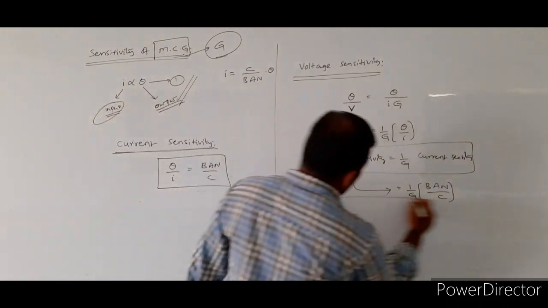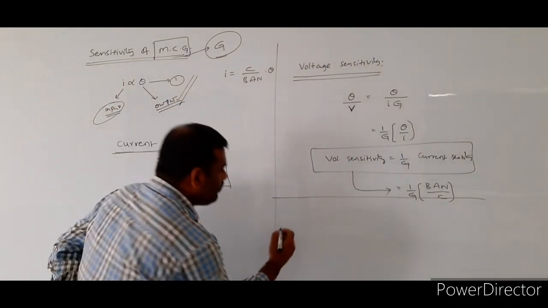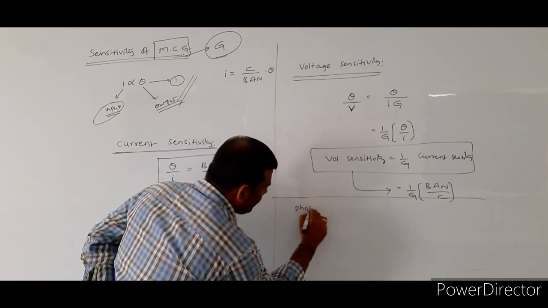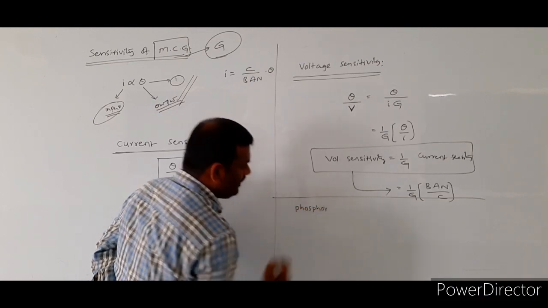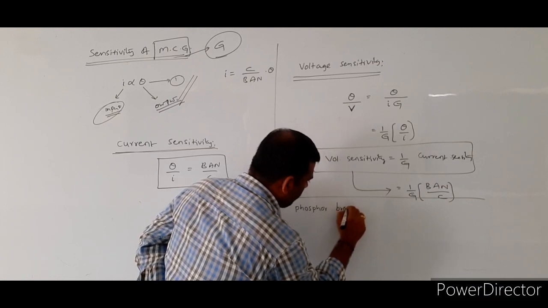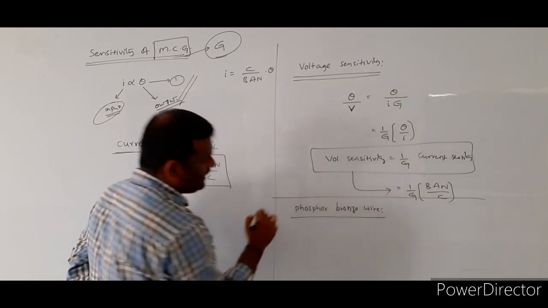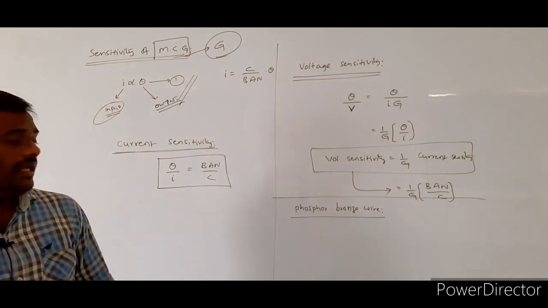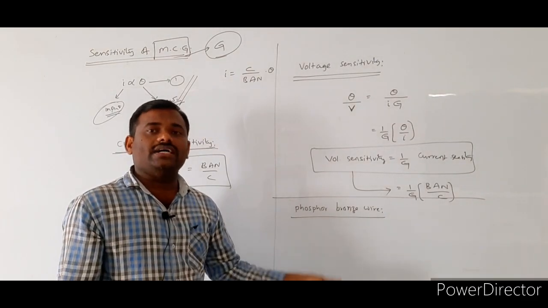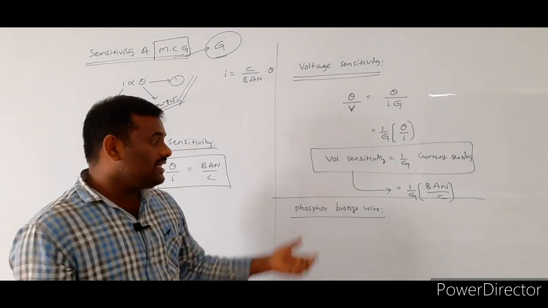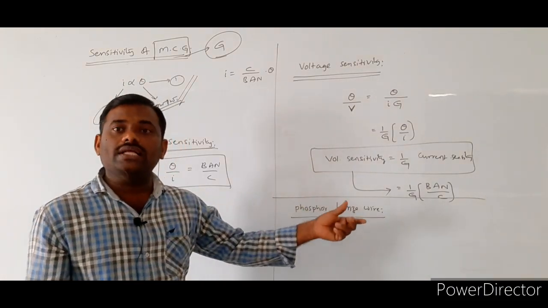Here one more point we have to discuss. In the moving coil galvanometer, we consider phosphor bronze wire. Which wire we consider here? Phosphor bronze wire. Why do we consider the phosphor bronze wire? What is the advantage of the phosphor bronze wire?